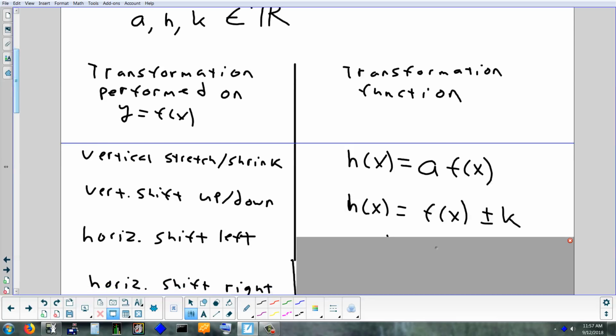What if you want to shift left? What operation do you use to shift a function to the left? Yep. Isn't that the adding in the parentheses? It is adding or subtracting in the parentheses.